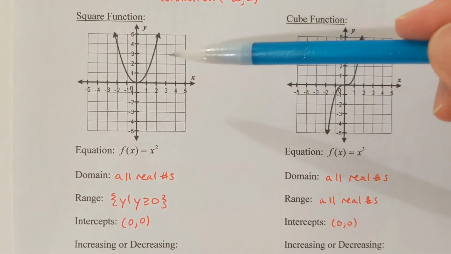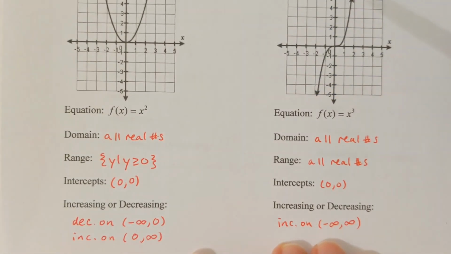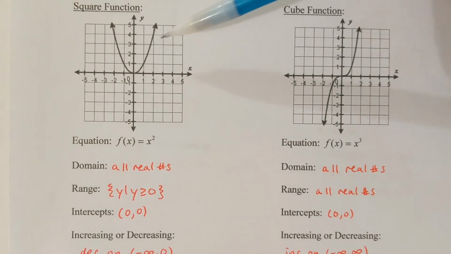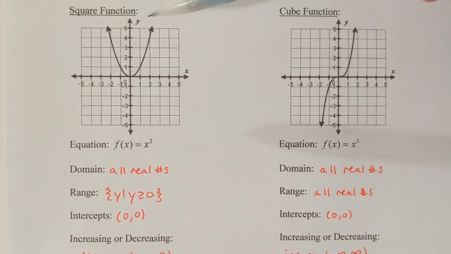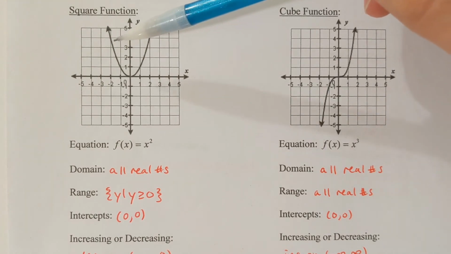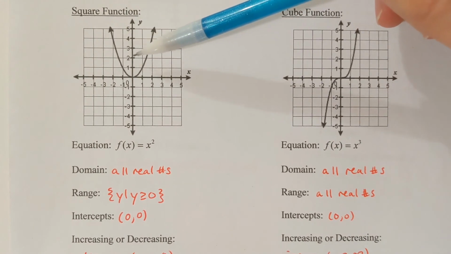And I'm decreasing on the interval negative infinity to 0. In other words, the graph is falling from negative infinity to 0.